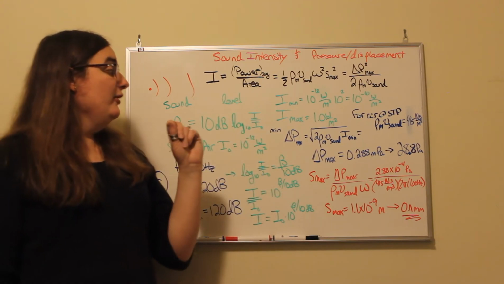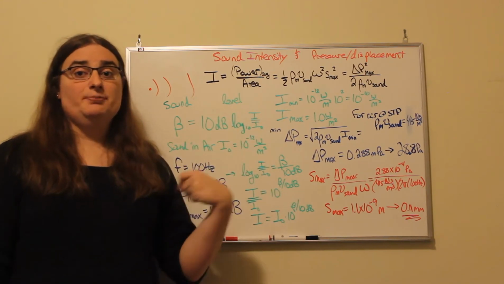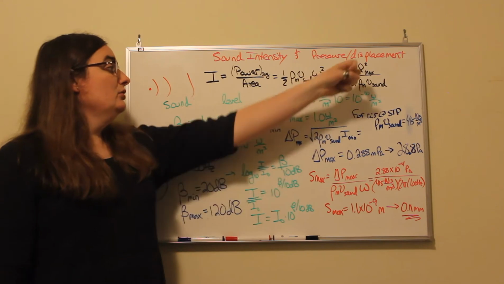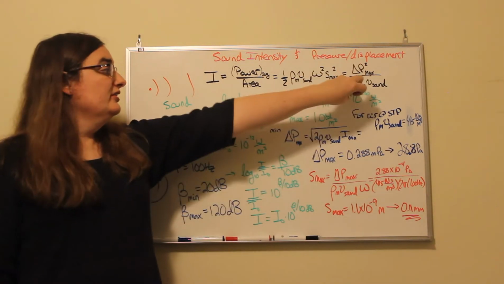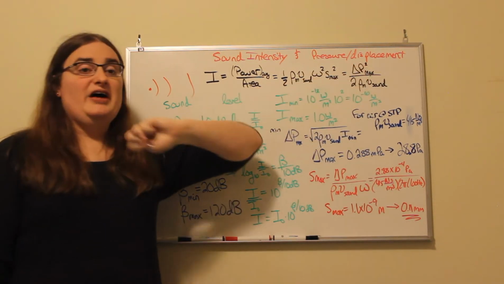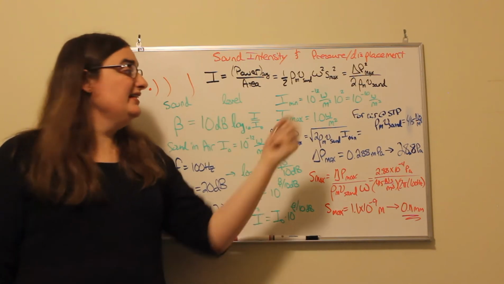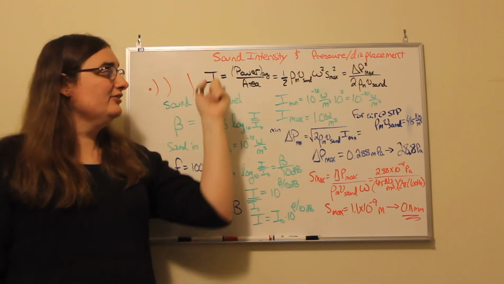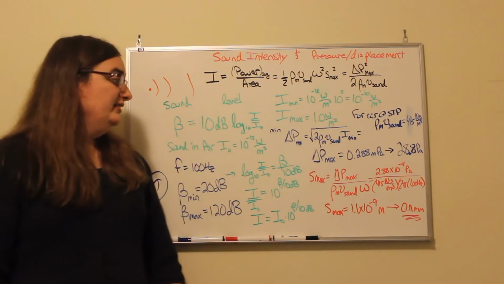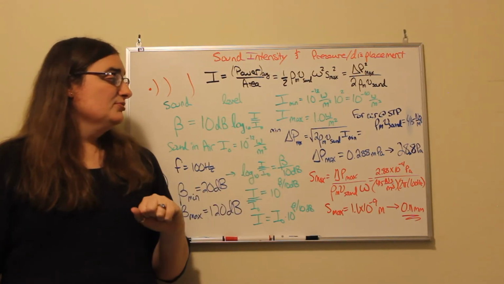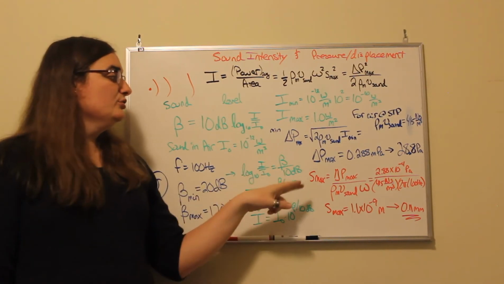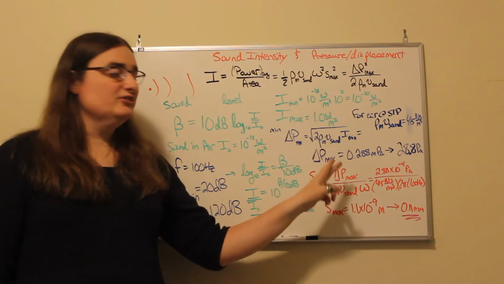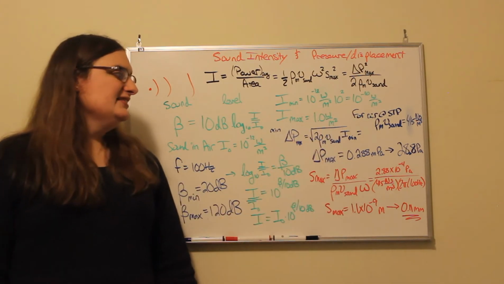So if I want to correlate these to pressure changes, well, my maximum pressure squared divided by 2 times the density and the speed of sound equals our intensity, I. So the maximum pressure would be the square root of 2 times density times sound speed times that intensity.